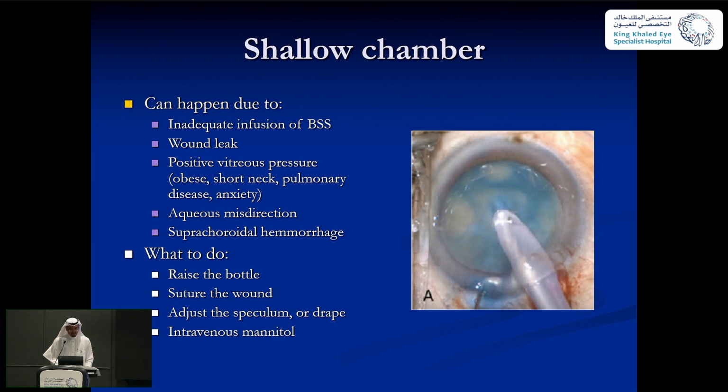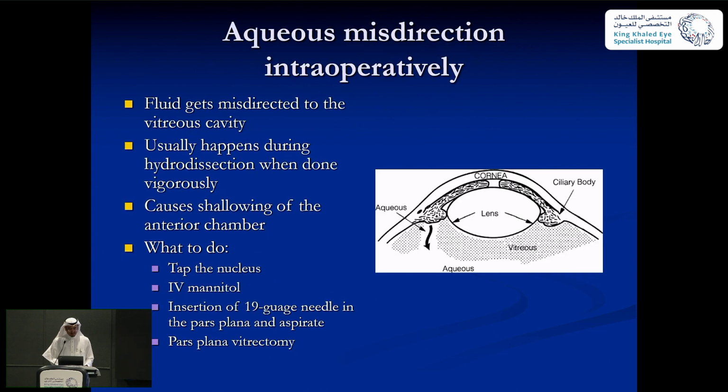Intravenous mannitol we can use to decrease the pressure inside the eye and have a more roomy chamber. Aqueous misdirection, when it happens intraoperatively, the fluid gets misdirected to the vitreous cavity, as you can see here in the diagram, that the fluid comes behind the lens and pushes it forward.